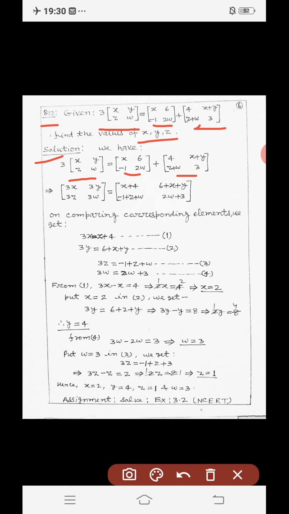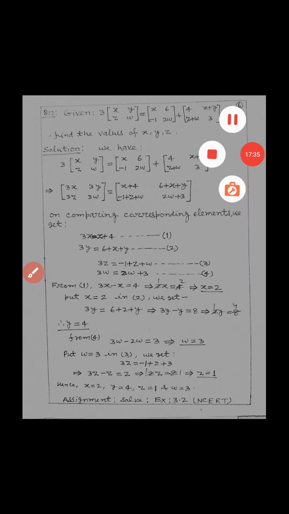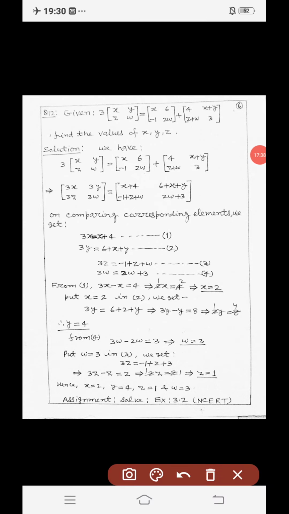Dear students, we multiply each element of the left hand side matrix by 3, and adding the corresponding elements of the matrices of the right hand side, we get 3x, 3y, 3z, 3w equal to x plus 4, 6 plus x plus y, -1 plus z plus w, 2w plus 3.